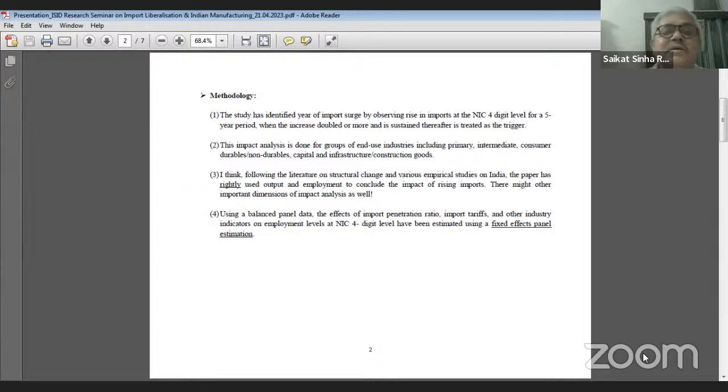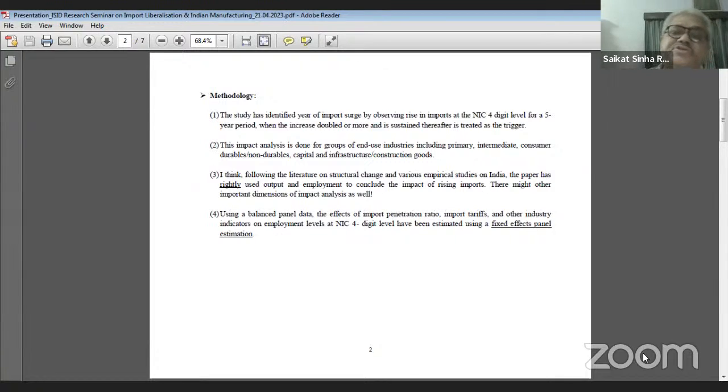The methodology, as she does, the study has identified year of import surge by observing rise in imports at the NIC 4-digit level for a 5-year period, when the increase doubled or more and is sustained thereafter, which is treated as the trigger of import surge. This impact analysis is done for groups of end-use industries, including primary, intermediate, consumer goods, and capital and infrastructure or construction goods.